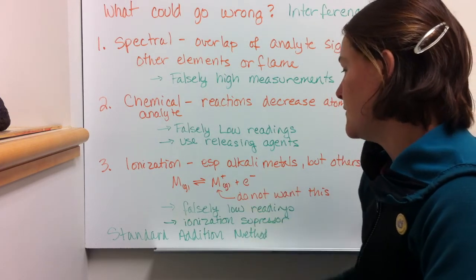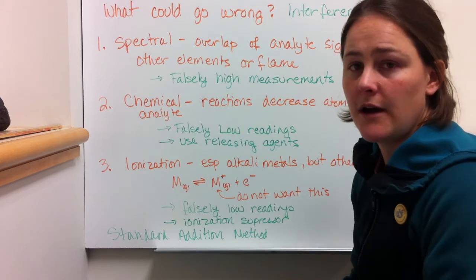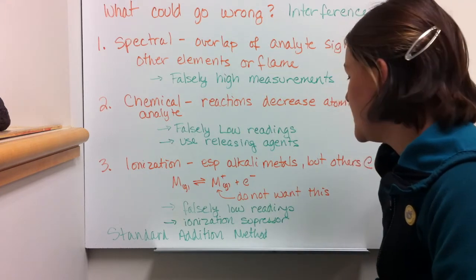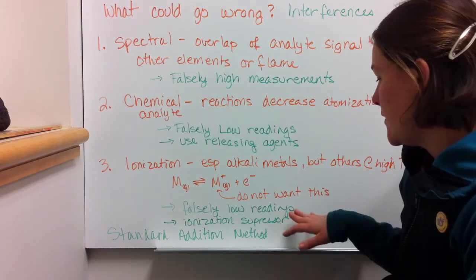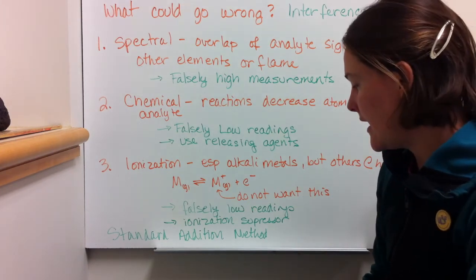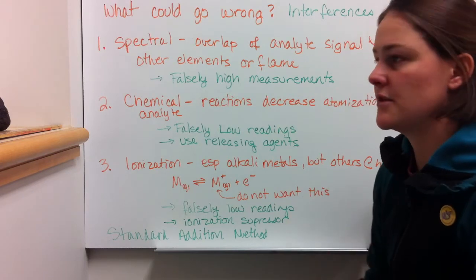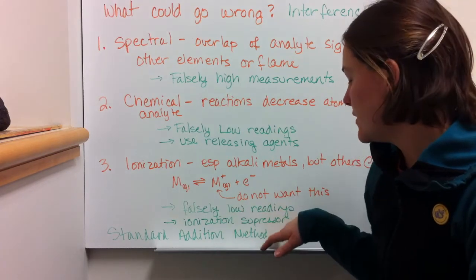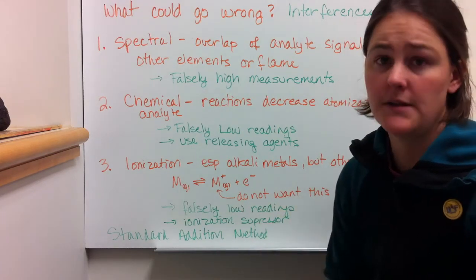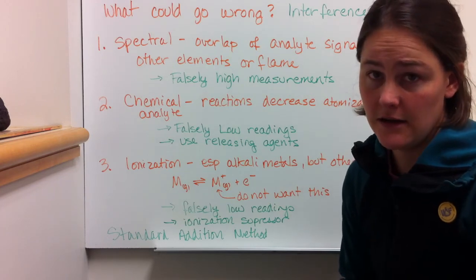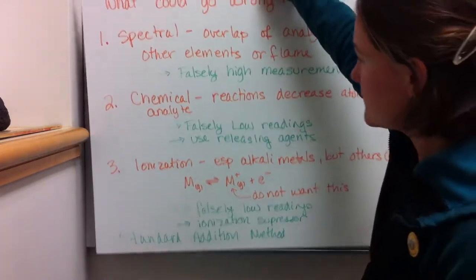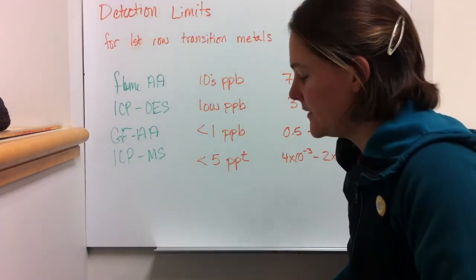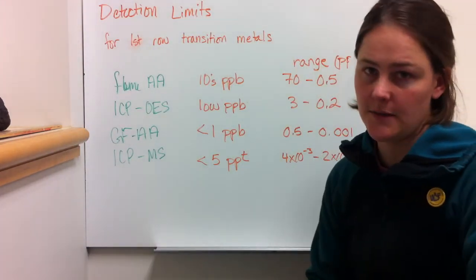This is especially true for the alkali metals because they have such low ionization energies, but it can definitely affect other elements at high temperature. So this would give you falsely low readings, and you can use an ionization suppressor. In order to combat all of these interferences, you can also use a standard addition method, which we talked about earlier on.